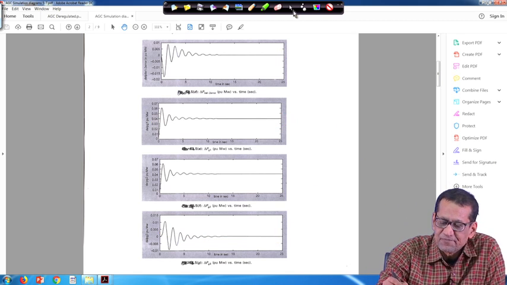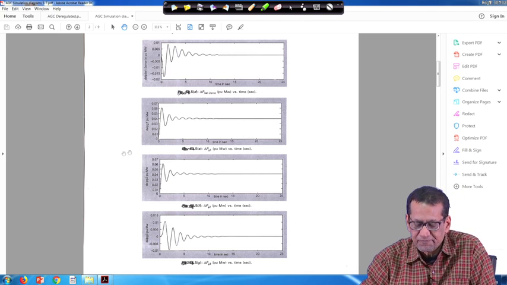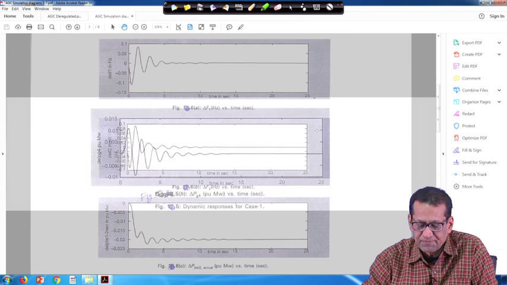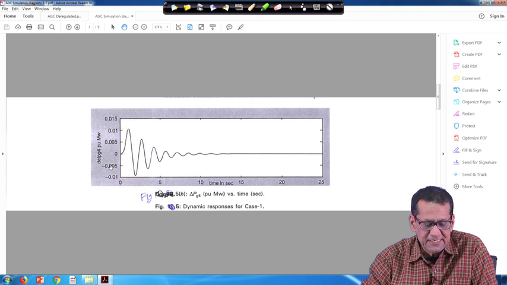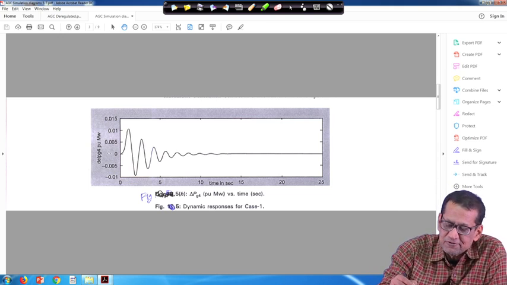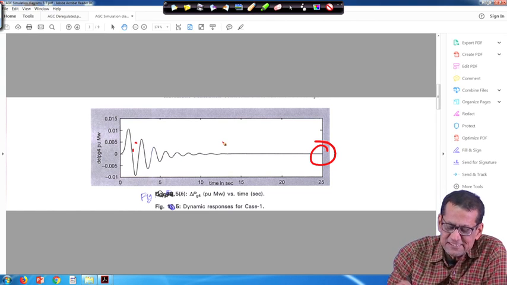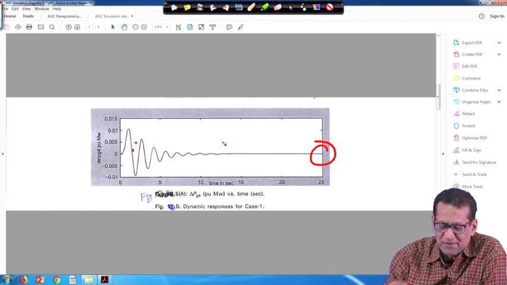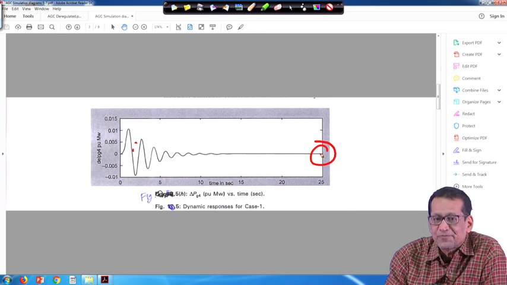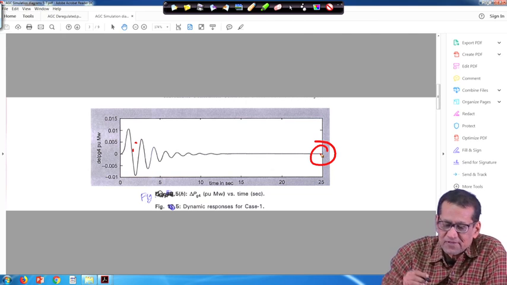Similarly, delta P g 4 at steady state is 0, with some oscillations during the transient. So, these are the dynamic responses for case 1.